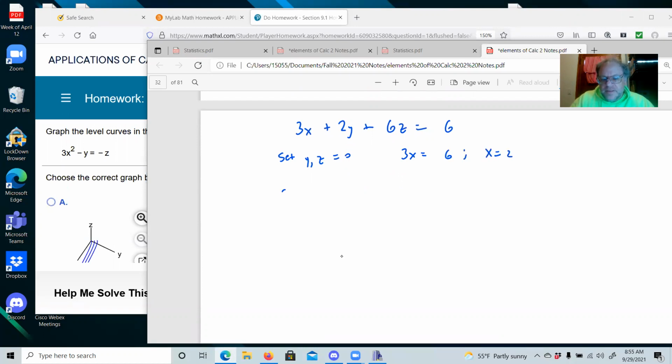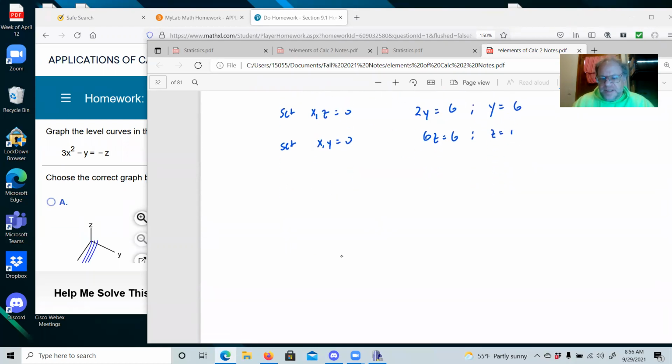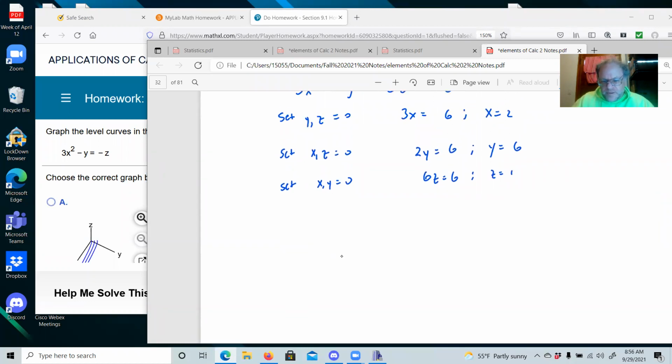Set x and z equal to 0. So we have 2y is equal to 6, y equals 3. And then the last one is set x and y equal to 0. And we have 6z is equal to 6, z is equal to 1. And we go off to graph this thing.